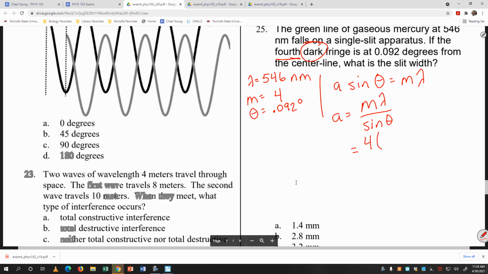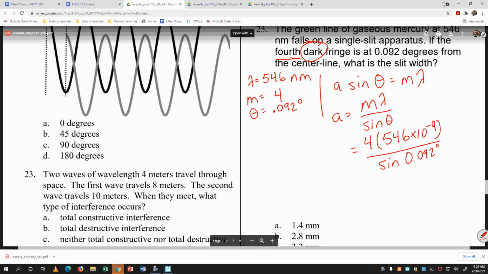Four times 546 times 10 to the minus 9, divided by sine of 0.092. And then whatever that answer is, it'll come out in meters, but then you'll need to convert it to millimeters. Okay, it's still not one that I like. Let's look for another one.